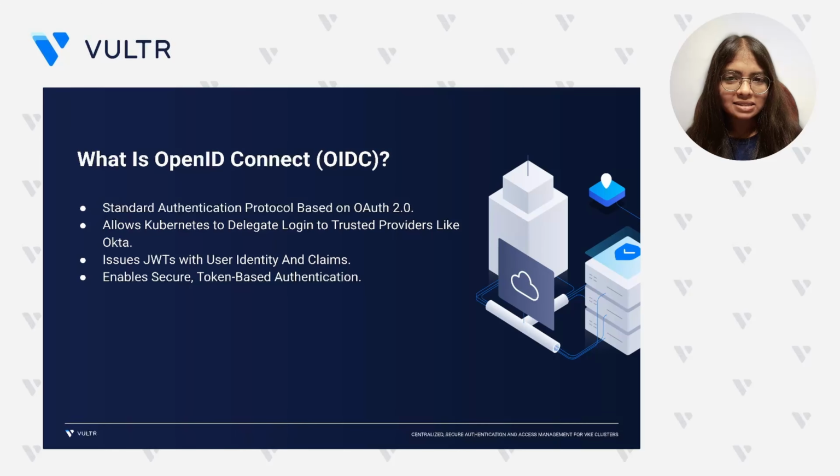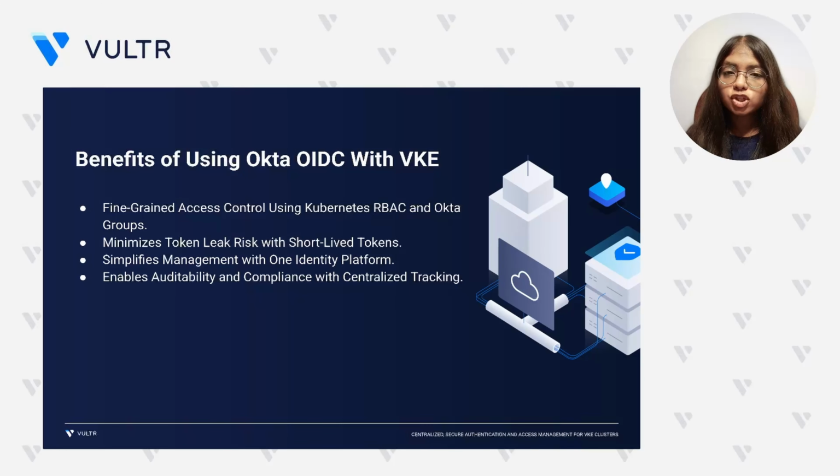through native RBAC. Pairing Okta OIDC with Vultr Kubernetes Engine delivers significant benefits for managing cluster access. By mapping Kubernetes roles directly to Okta groups, you ensure consistent access policies across all your services. The use of short-lived scoped tokens reduces the risk of leaked credentials by eliminating long-lived secrets stored on user machines.